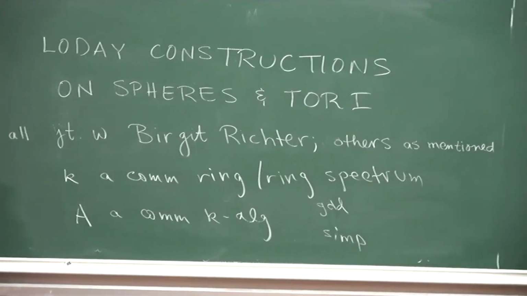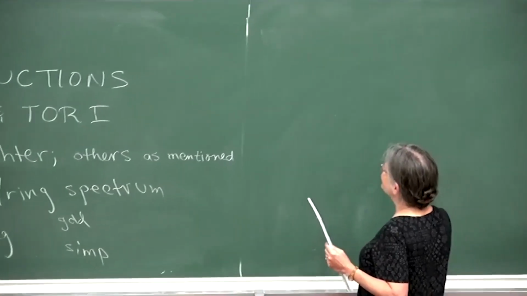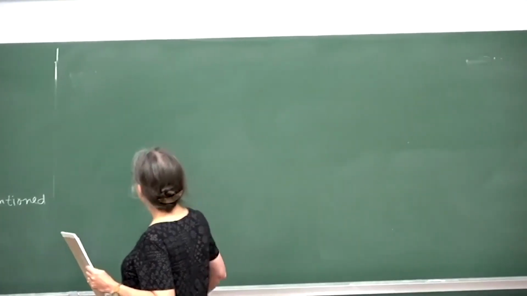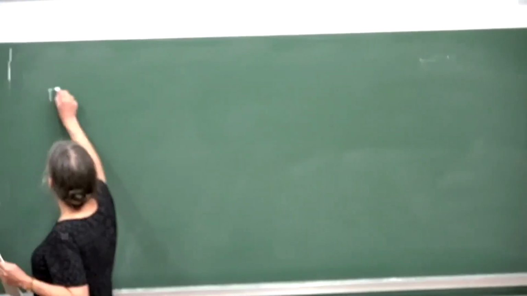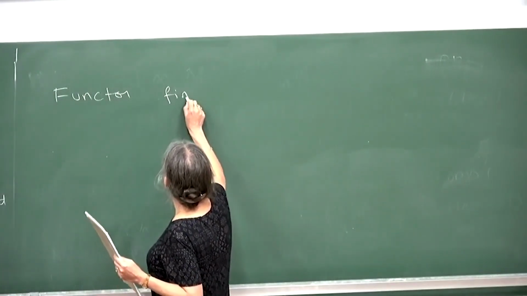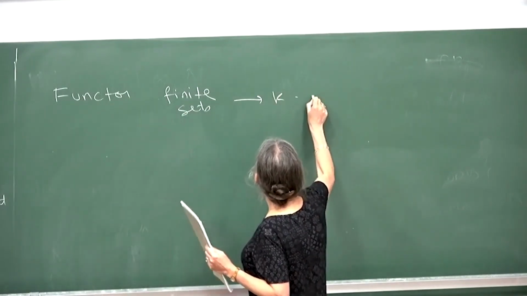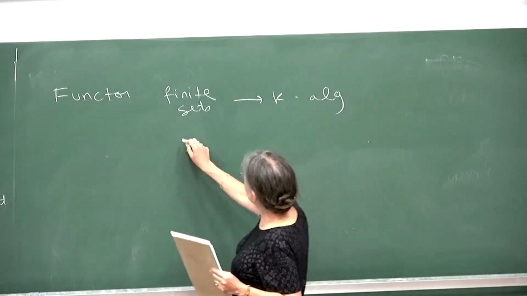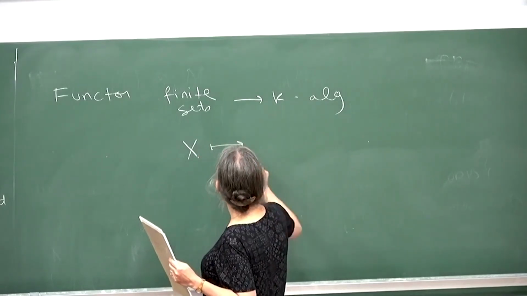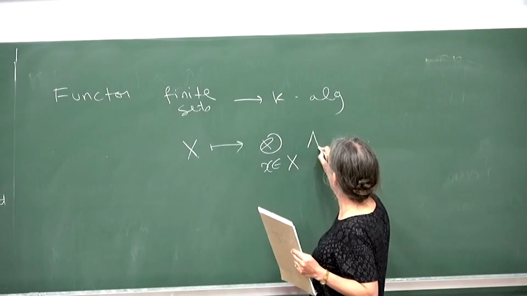And so the idea is that we have a functor from finite sets to K algebras, sending X to the tensor product over all x in X of A.